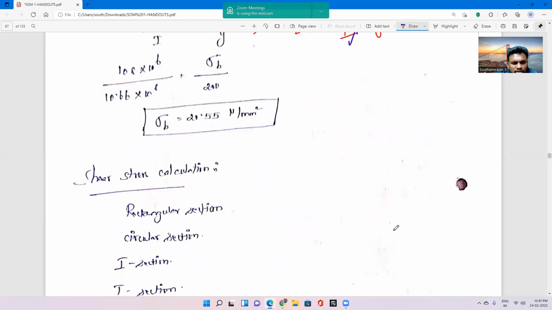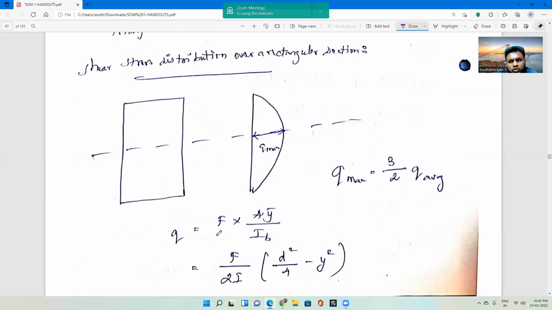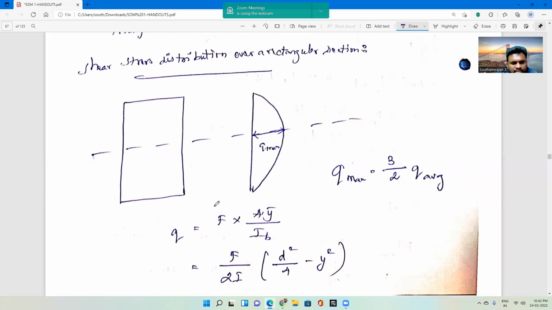Next, another important topic is that we will calculate the shear stress variations. Shear stress variations will be carried out for the member with respect to the cross section, because the shear stress variation differs from member to member. Just go through one example. If it is a rectangular member, the shape will be like this.